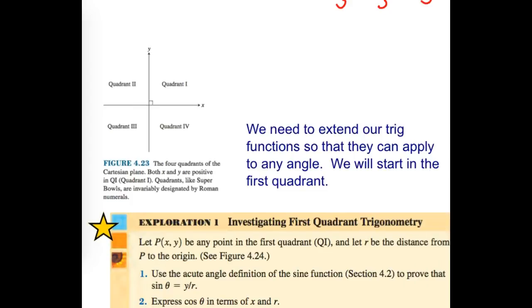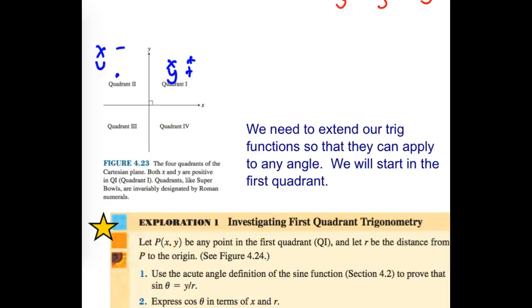Take a minute and think about your x and y coordinates in each quadrant. Identify if x is positive or negative and if y is positive or negative. In other words, in quadrant 1, x is positive and y is positive. Yes? What happens when we go to quadrant 2? If I want to point over here in quadrant 2, what can you tell me about the coordinates?